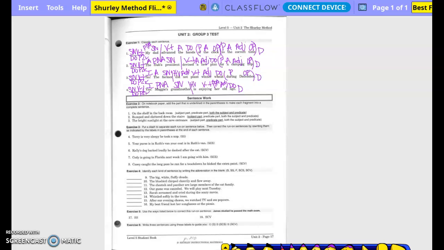Okay, so on a notebook paper, add the part that is underlined in parentheses to make each fragment into a complete sentence. So what you guys can do is you can just turn your paper and write it over here along the side. Okay? So number 1, on the shelf in the back room. Okay, so what could we write there?